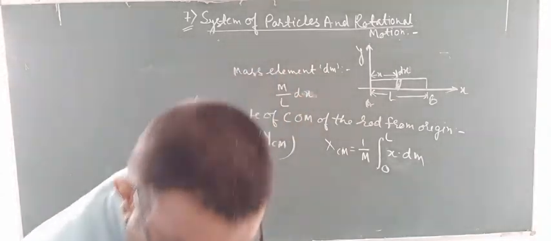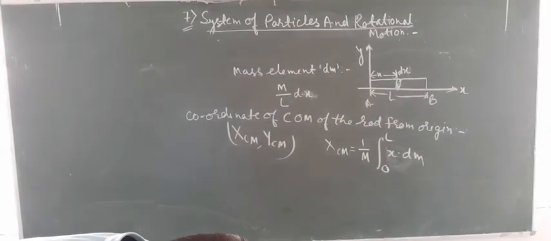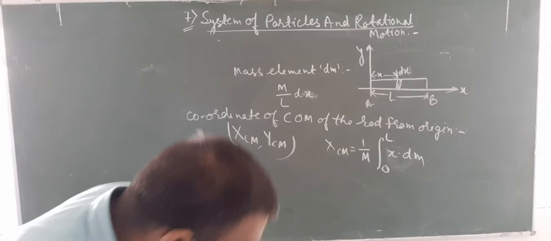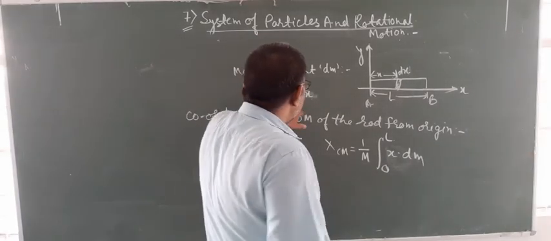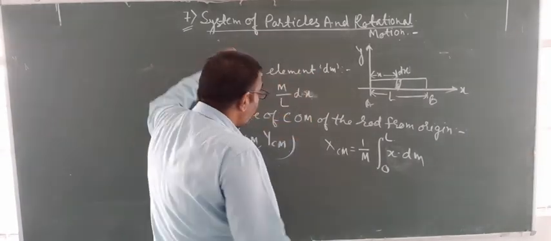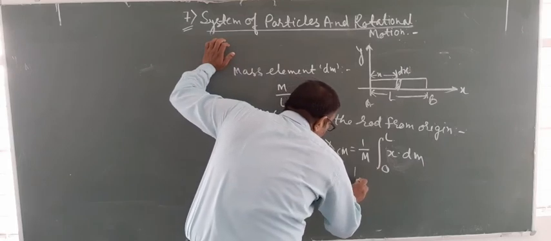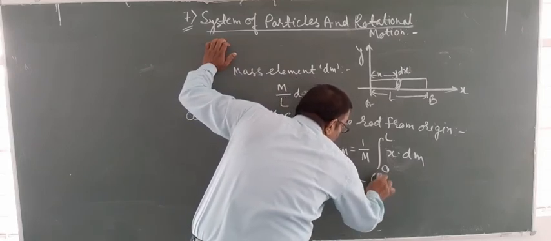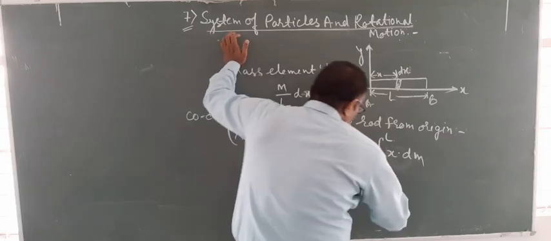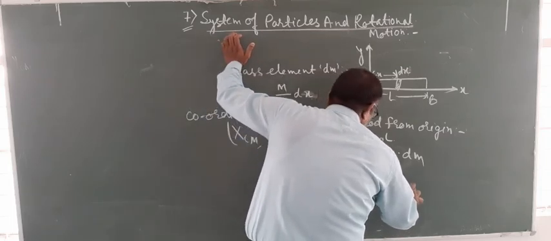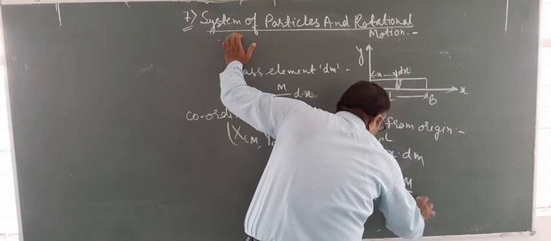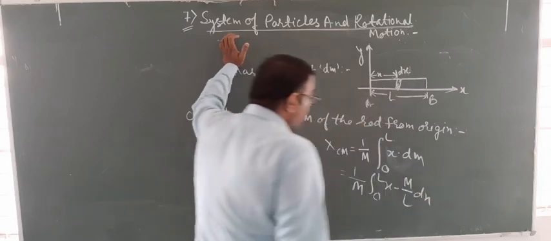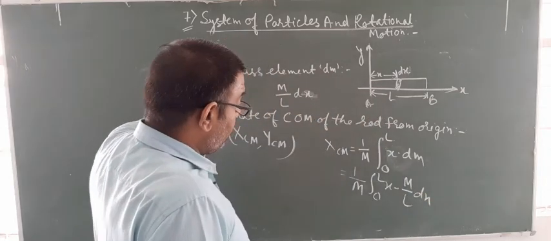And dm we calculated as m upon L into dx, so it is 1 upon m integral 0 to L of x into m upon L into dx.